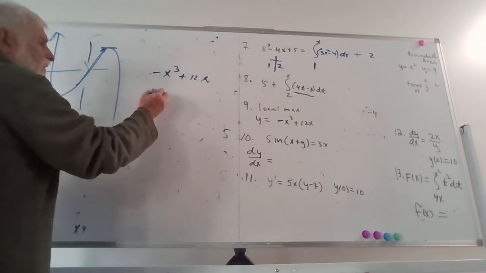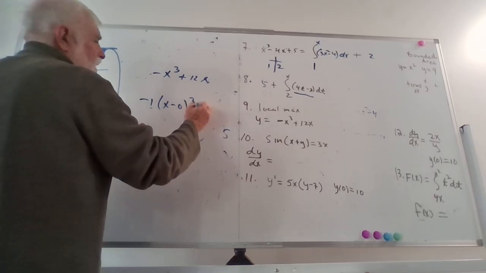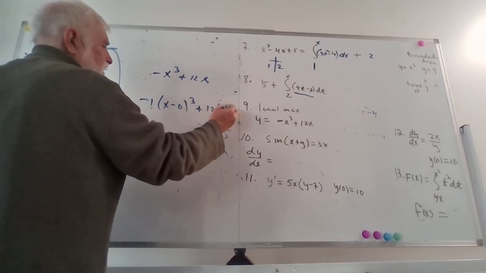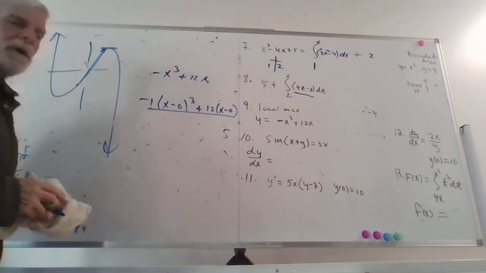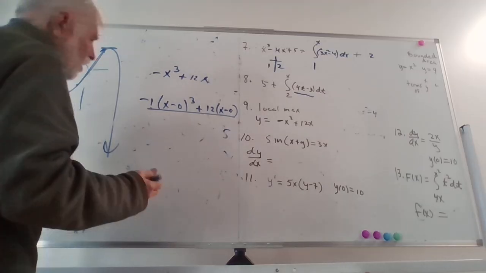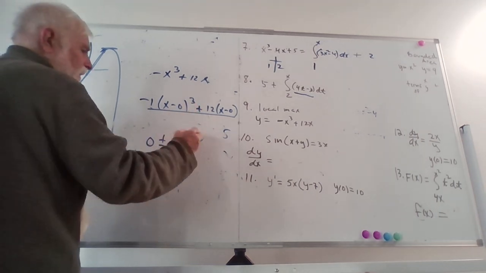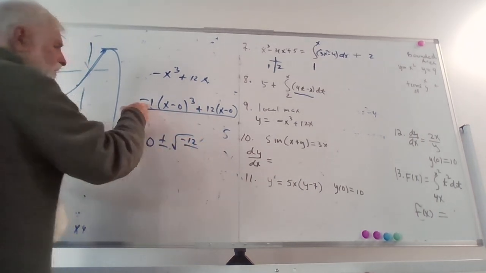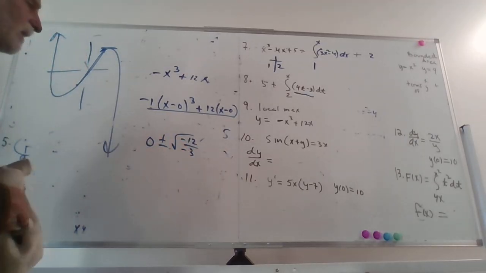which is the same thing as minus 1 times x minus 0 cubed plus 12 times x minus 0. That's the graphing form for a cubic. If you want to learn how to do that, go to the cubic playlist. So 0 plus minus the opposite of positive 12, negative 12 over 3 times a. This is going to give me the x values of local max and mins.